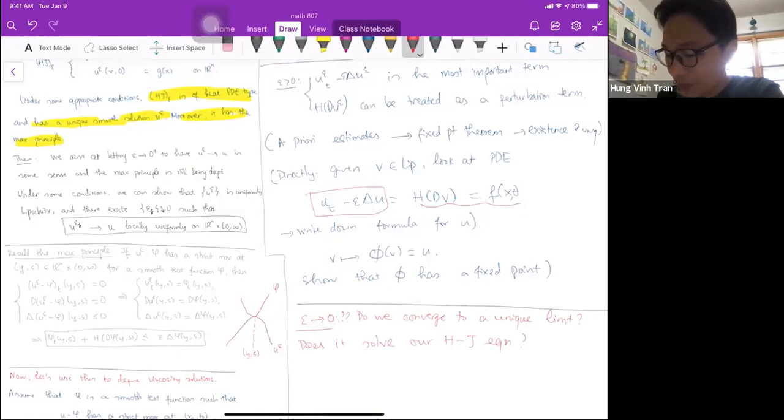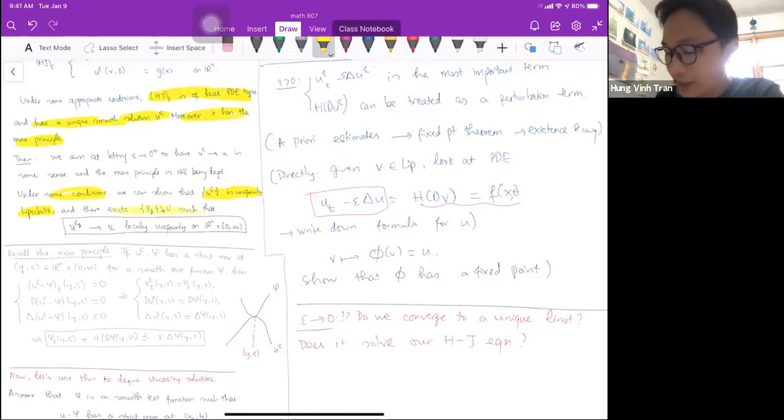And it turns out that, again, I'm skipping the details, under certain conditions you can show that U epsilon is uniformly Lipschitz and locally bounded.